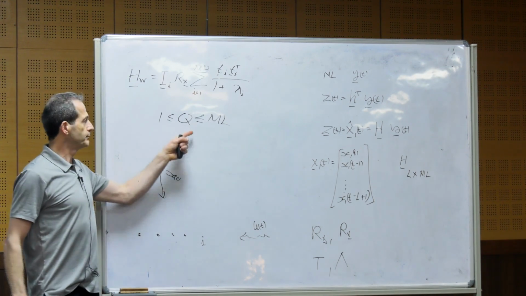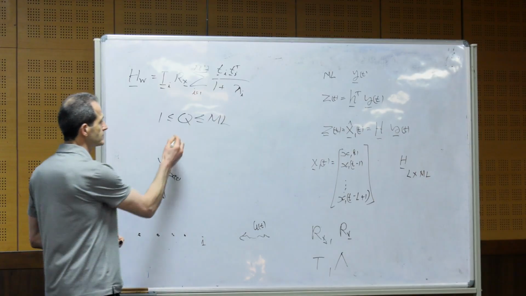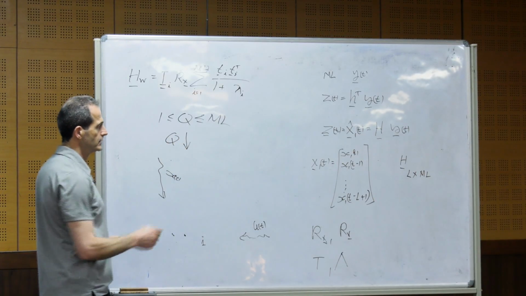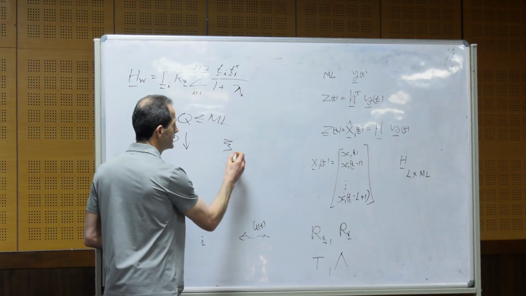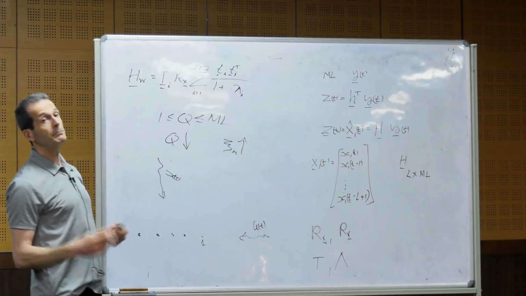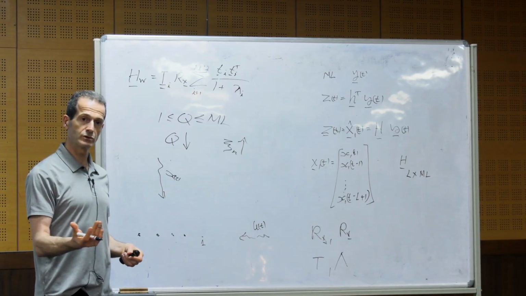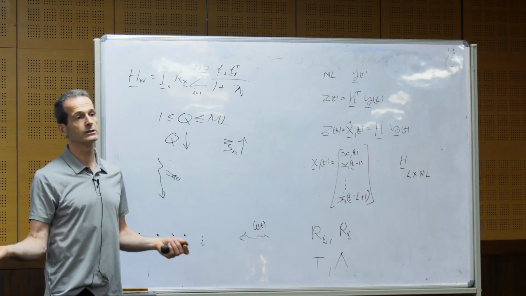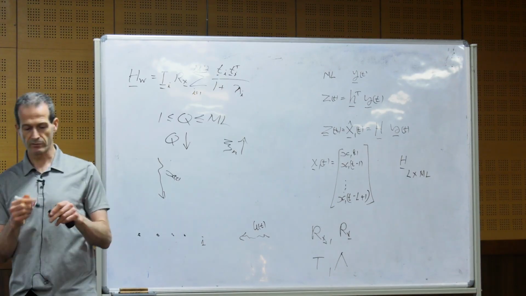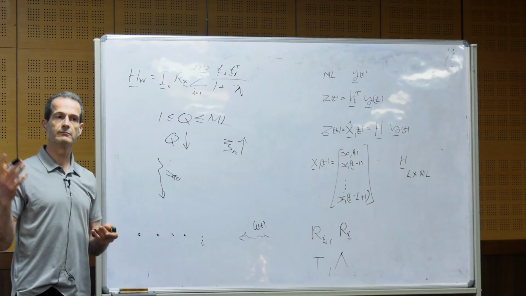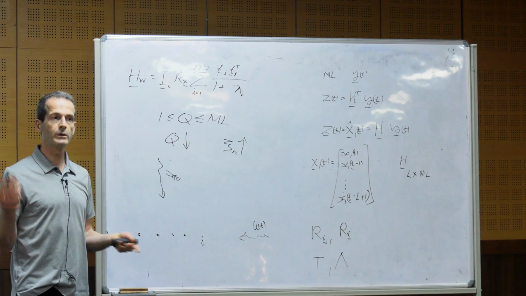So by taking smaller Q, we're able to increase the noise reduction. But then we pay for that. If we increase noise reduction, we get increased distortion. This is the trade-off. But at least it enables us to find some filters with trade-offs.